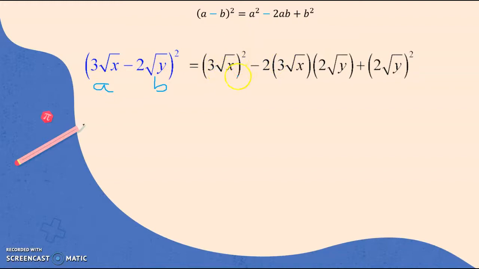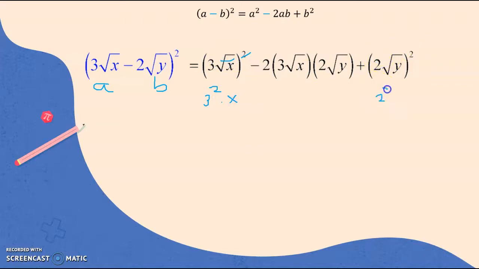No? 3 squared of x squared, minus twice the product of your a and b, plus the square of 2y, 2 squared of y. So when you square this, it becomes 3 squared. Then you just cancel this, times x, and the same on the other side.